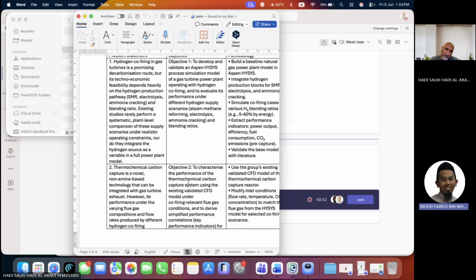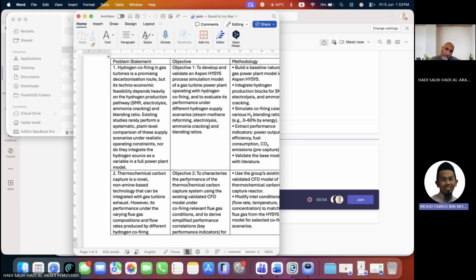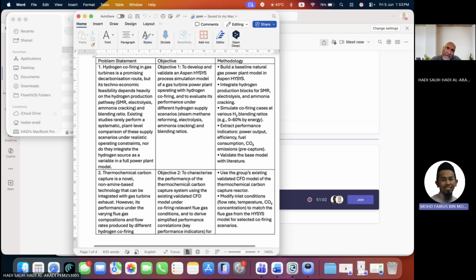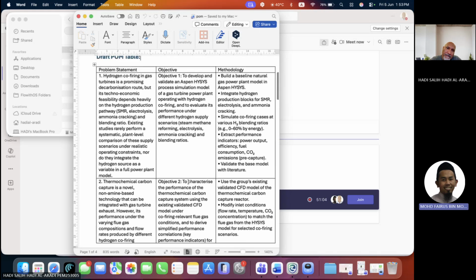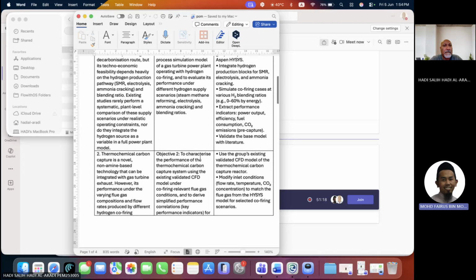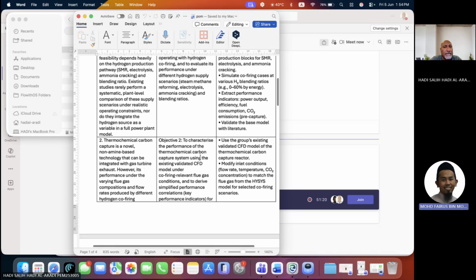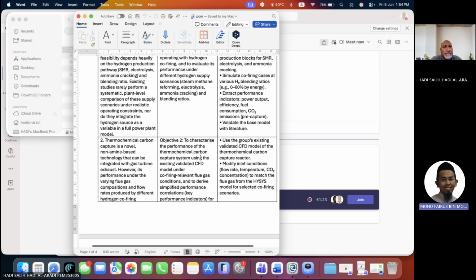Never mind if you are still not sure how you relate them. To be honest, I'm not sure yet. You can think about that, and we will keep on refining the PM table as you figure out the relationship between objective 1 and objective 2.